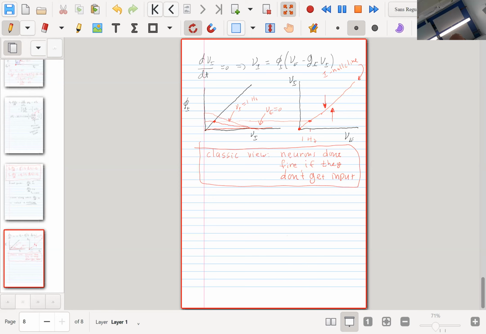So if you fix excitatory firing rate to this value and start at this point, the inhibitory firing rate is going to go up. d nu I dt is positive down here, it's negative up here. Positive on the bottom, negative on the top. So that's the inhibitory nullcline. That was pretty easy. The excitatory nullcline is much more interesting.